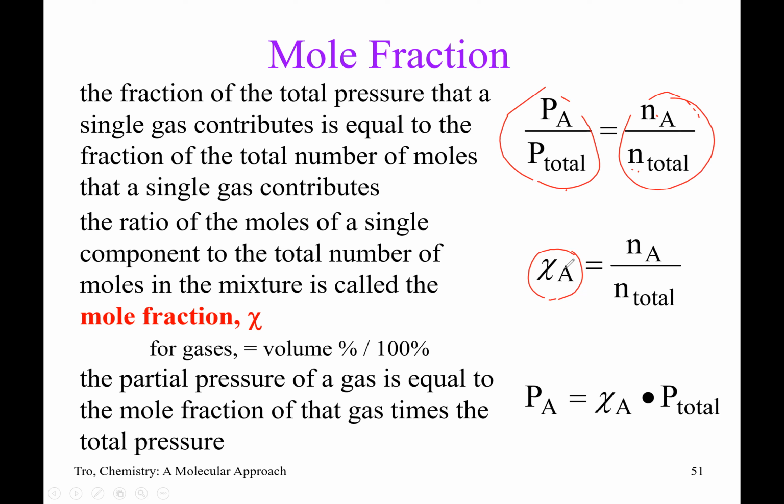That fraction of the number of moles is called the mole fraction, and we calculate it from the number of moles of A divided by the total number of moles. The partial pressure then is going to be the mole fraction times the total pressure, because the partial pressure is a fraction of the total pressure. And what is that fraction? That fraction is called the mole fraction and can be calculated. So if you calculate the mole fraction and you have the total pressure, you can find the partial pressure.